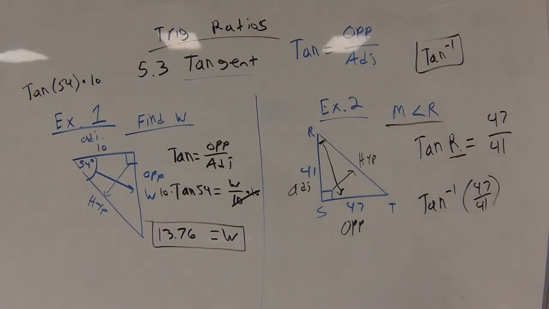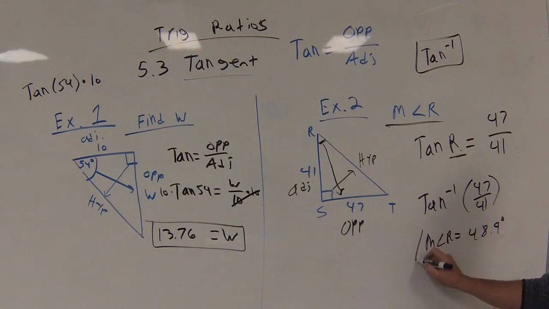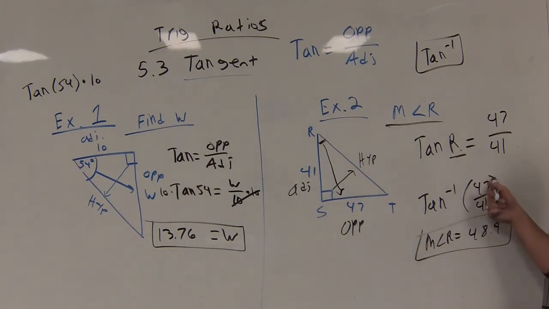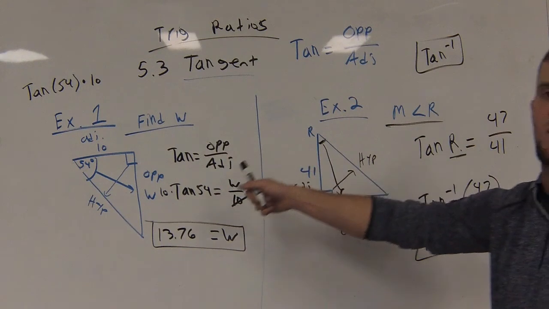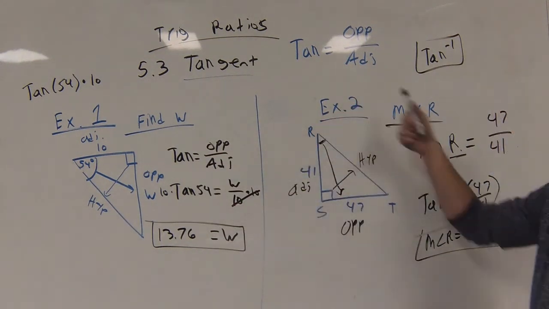So trig ratio, inverse tangent, 47 over 41. And when I click enter, this should give me the measurement of angle R is equal to 48.9 degrees. So ladies and gentlemen, that would be the measurement of angle R. Tangent ratio, finding a missing side, finding a missing angle.